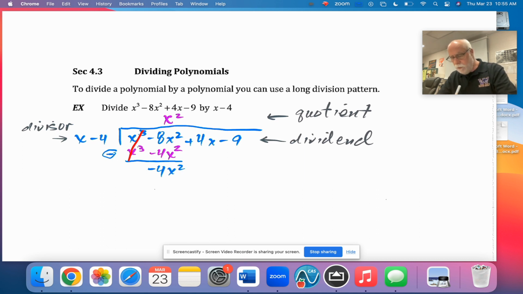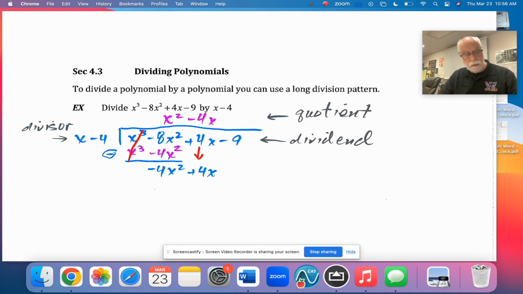And then remember what we did when we couldn't do anything else: we had to bring the next thing down. So we're going to bring down the plus 4x. And I'm going to do the same thing. x times what gives us negative 4x squared? And you should be able to tell me that's going to be negative 4x.